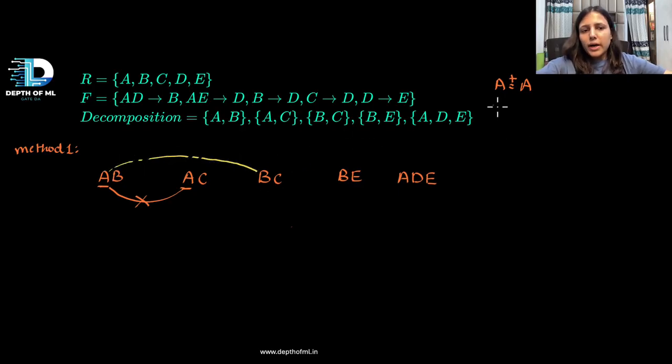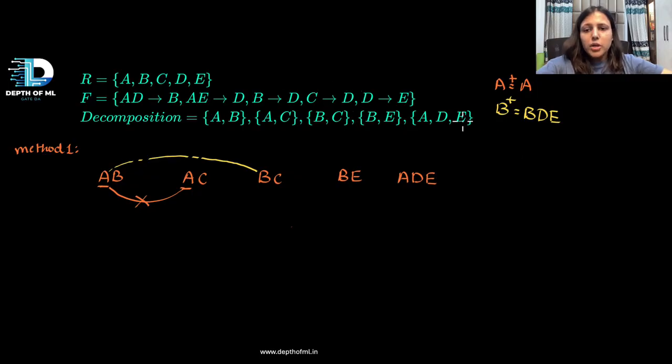What is the common attribute here? The common attribute is B. So we will try to find if B can be a key to either of these two relations. We have B plus. What can B determine? B can obviously determine B, and B can determine D. Can D determine anything? D can determine E. Can D and E determine anything else?